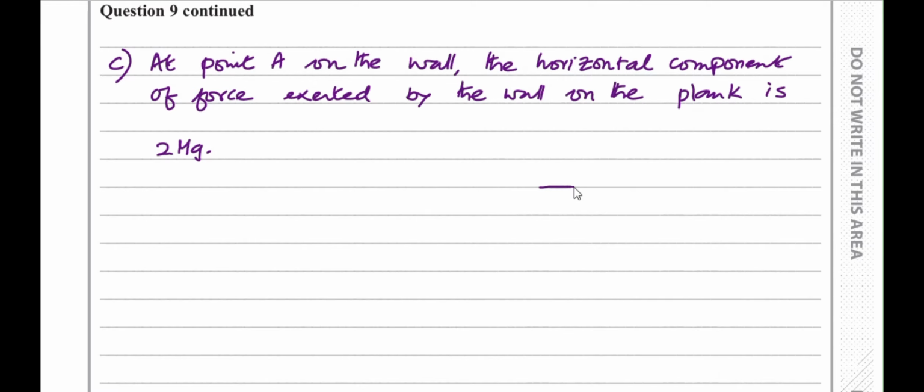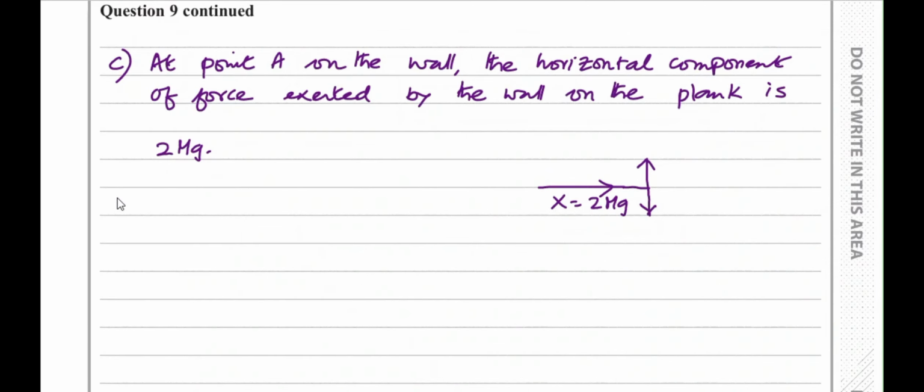Imagine this is the 2 mg, the horizontal component along the x-axis. Now, to find the tan of the angle, we need to find the y component. That y component may be the net of the upward and the downward forces.